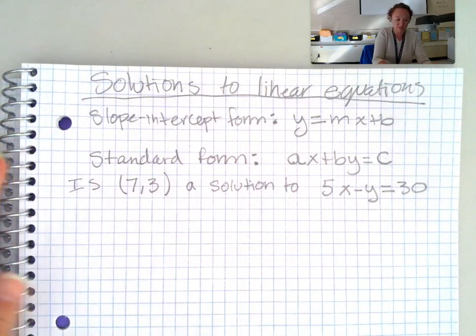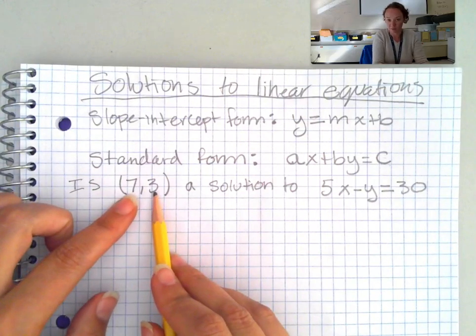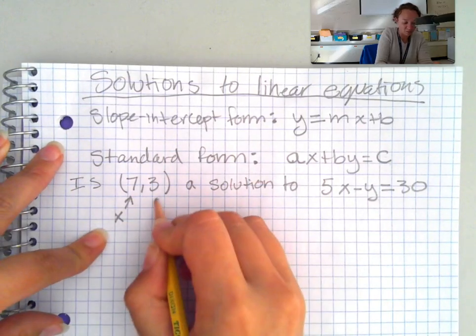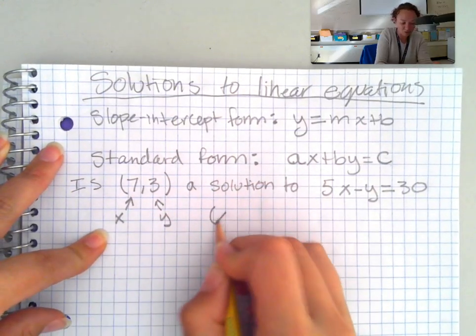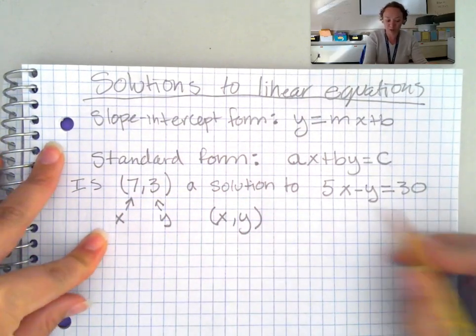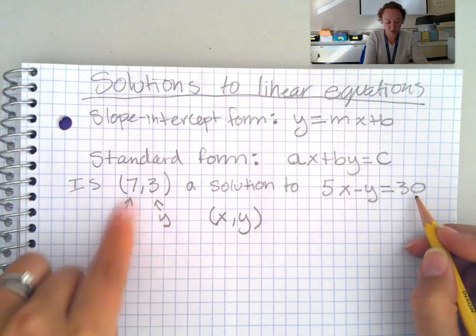Okay, and then I'm asking you, is (7, 3) a solution to this problem? Well, the 7 would be the x, and the 3 would be the y, because coordinate points are always written in the format x comma y. So then we can just rewrite this equation with those numbers in place.